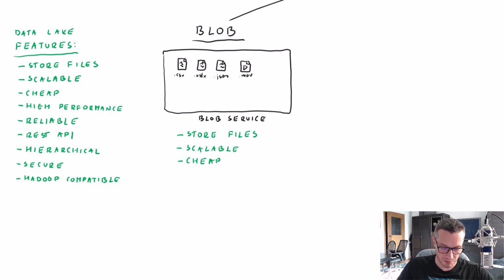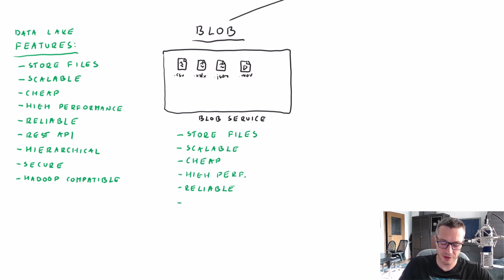Next, how about the high performance requirement? Yes, Blob service is pretty performant. Is it reliable? Yes, it is. Again, at this moment you just have to trust me when I say this. We will analyze that deeper in one of the future videos.